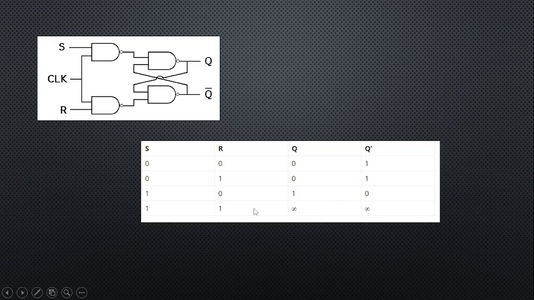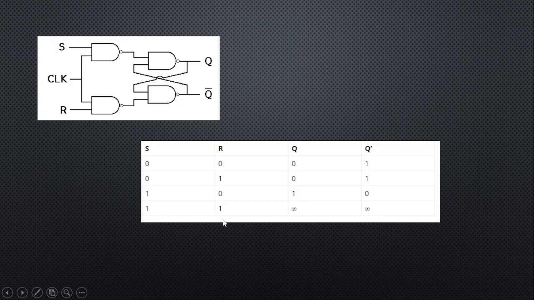So this bottom part is the 1 1 case. For S and R, what happens now if both set and reset are active high, right? It becomes an invalid input since it defeats the purpose of the latch here. It is considered invalid, so we have this infinity symbol right here.